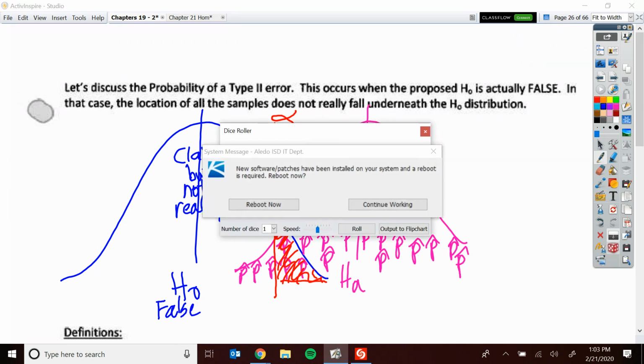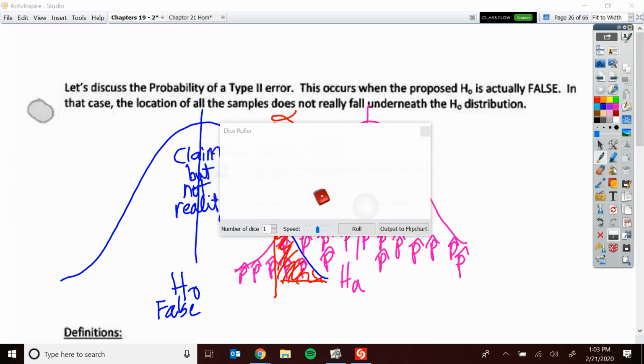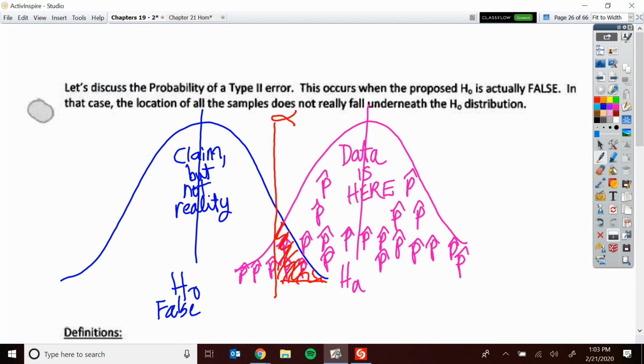The odds are going to tell the evens, so do that now. Where are the samples that would be the type 2 error samples? You're going to fail to reject the false null hypothesis.